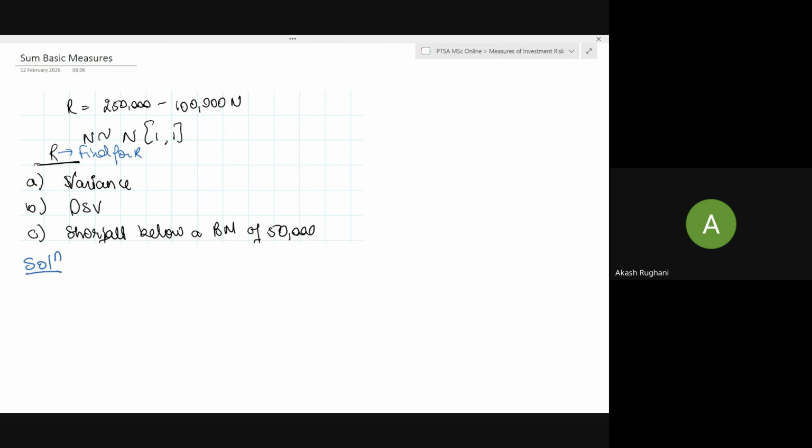Let me ask one person at a time. Priya, help me solve the first, variance. Yes, sir. We'll take the equation of R. Very good. So variance of R, I will substitute the value of R, which is 2,50,000 minus 1 lakh n.